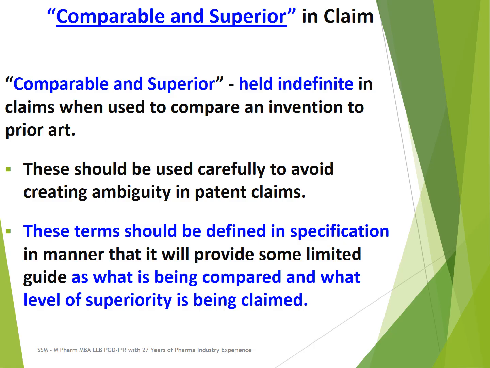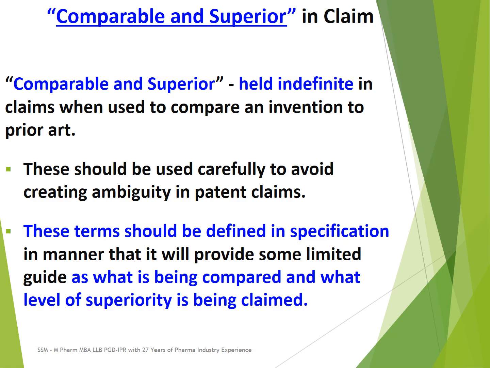So when you are using the terms "comparable" and "superior" in a claim, you have to describe their meaning in the specification or description section of the patent document. You have to describe in the specification what you are comparing with and what level of superiority you are claiming when you are writing "superior".